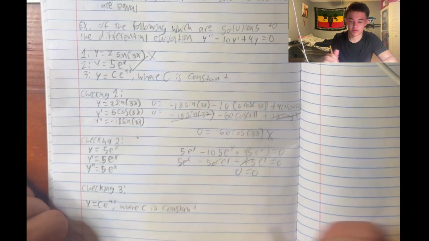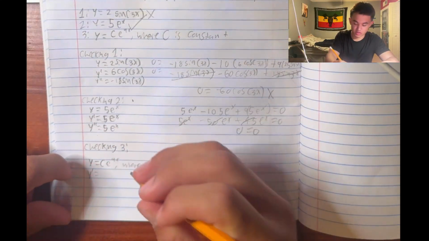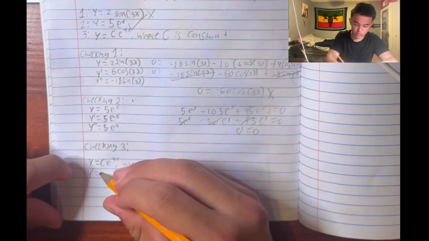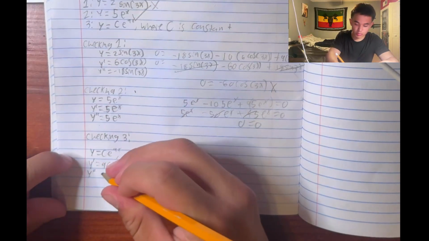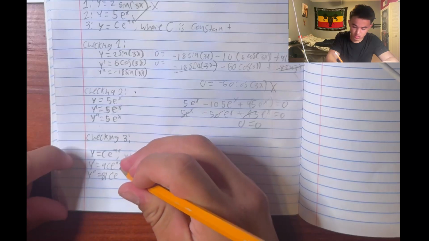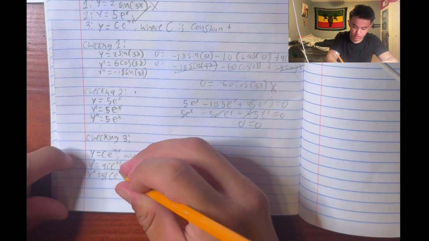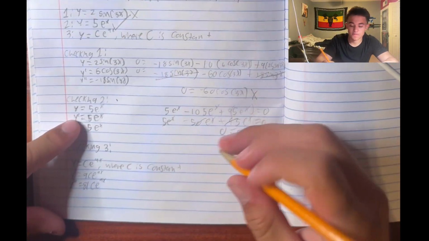But I didn't need to write that all out, but I did. So now y prime is equal to 9c e to the 9x, and y double prime is equal to 81 c e to the 9x. So now let's just plug that in.